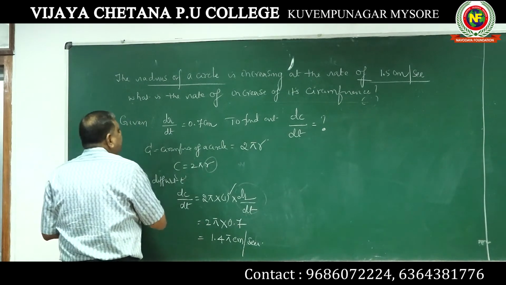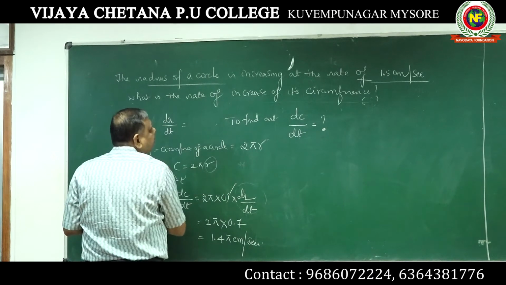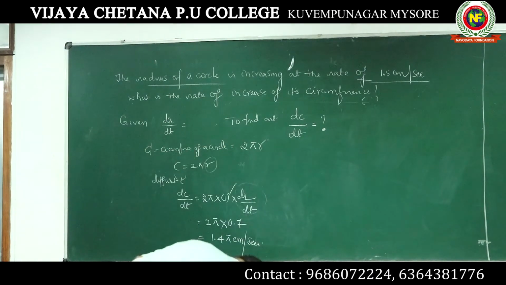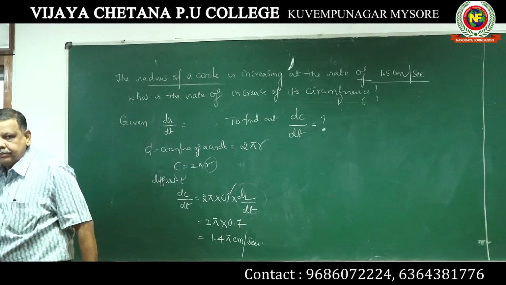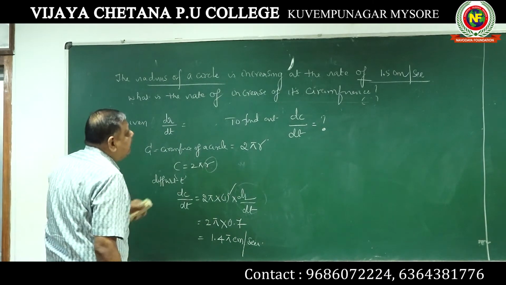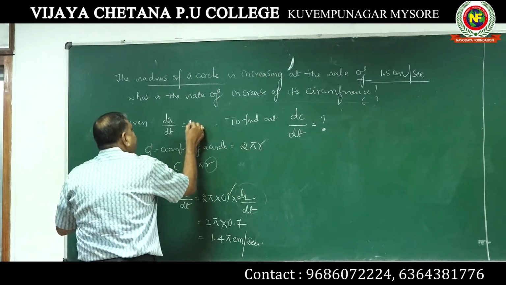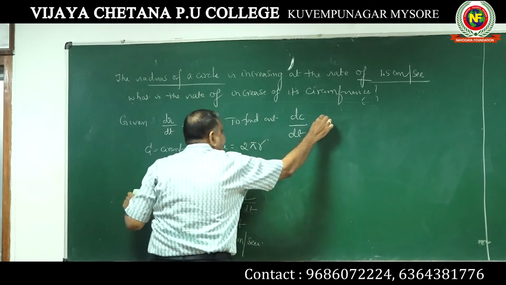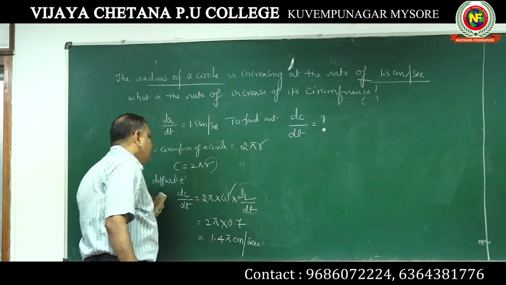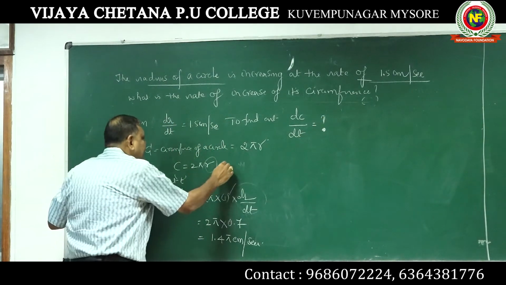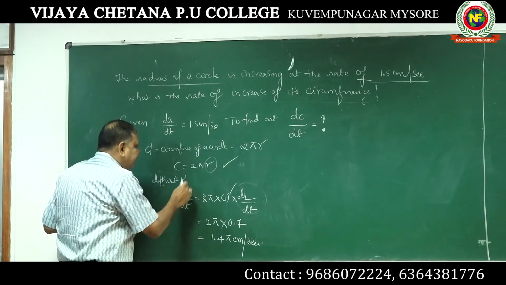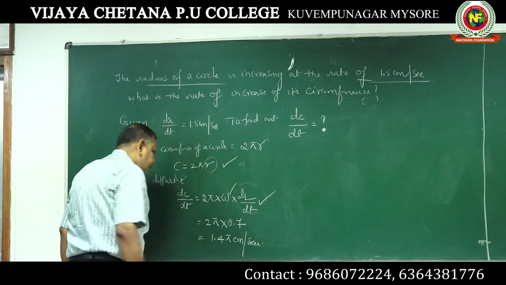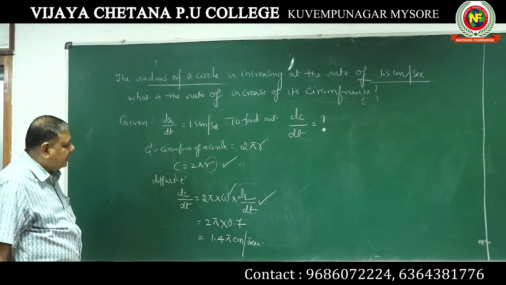So you can take dr by dt. Given dr by dt is 1.5 centimeter per second. To find out dc by dt. Same thing, c is equal to 2 pi r. dc by dt, differentiate with respect to t, 2 pi into 1 into dr by dt, same up to this step.